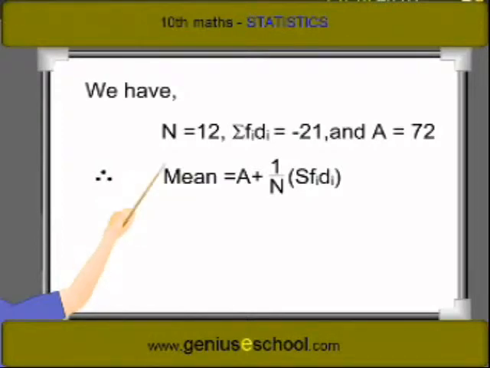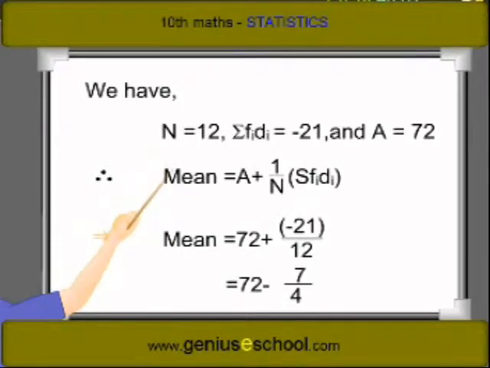Therefore, mean is equal to A plus 1 by n sigma fi di, or mean is equal to 72 plus minus 21 by 12, which is equal to 72 minus 7 by 4.